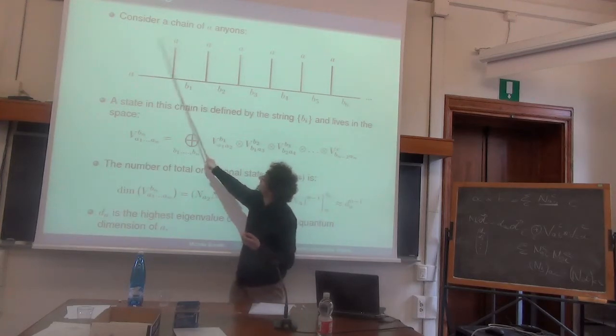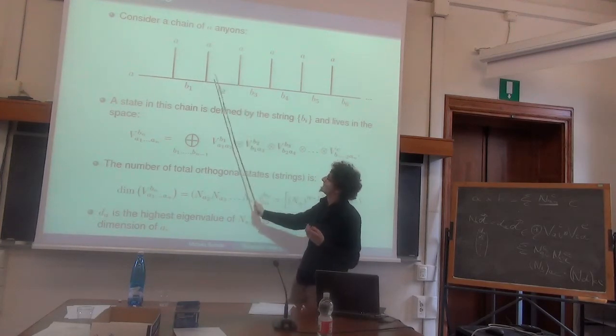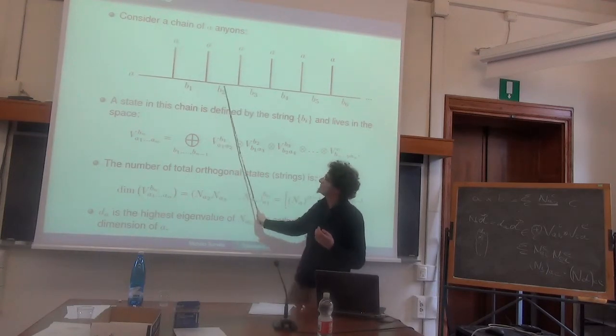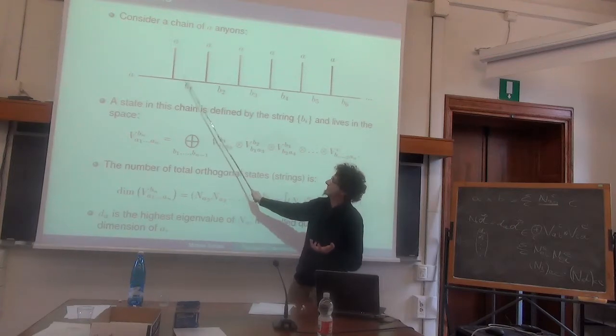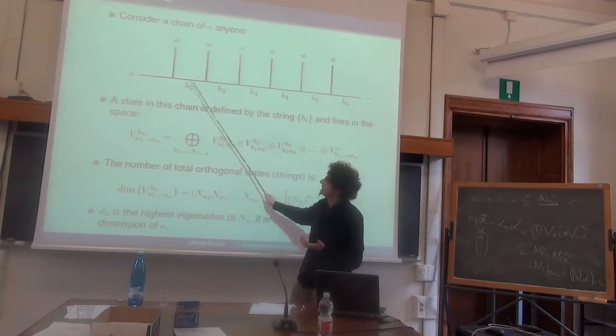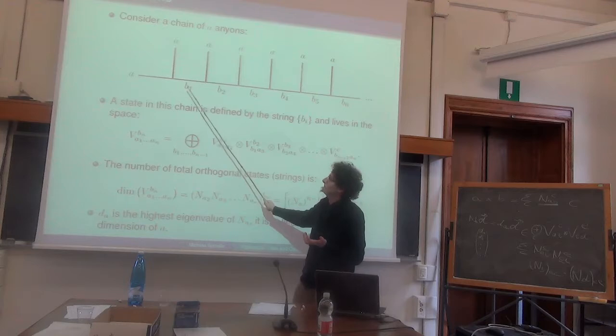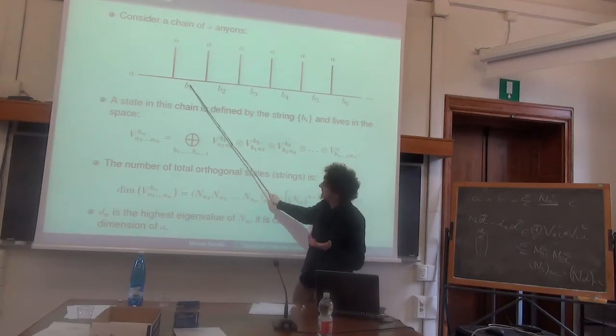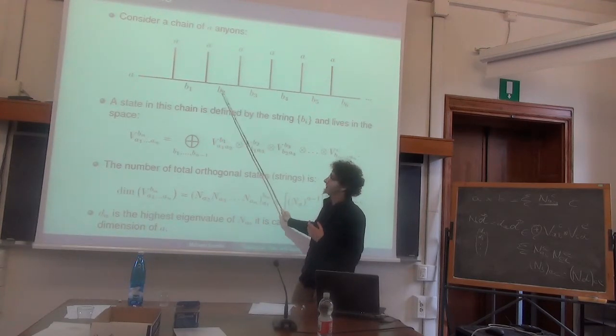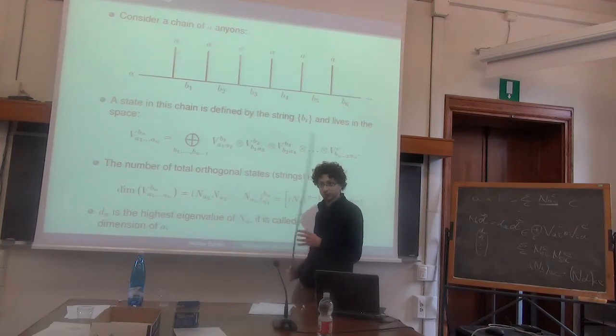But if I consider this block, I can start from here saying that the total topological charge of this block is B2, even though I have some inner structure now, because there are different states labeled by B1 that may have the same total topological charge.